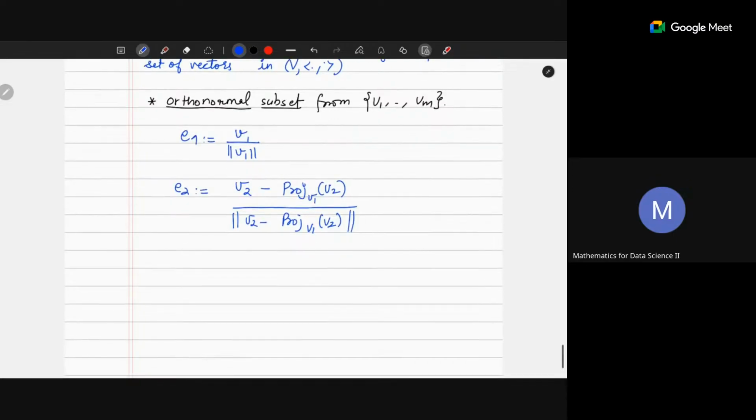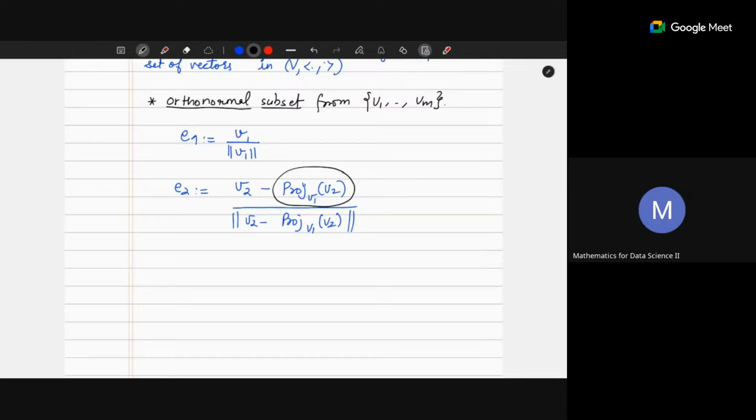So what are we saying? We are subtracting the part of v2 that projects onto v1. By doing this subtraction, we make e1 and e2 orthogonal to each other. Once you subtract this projection part, whatever is remaining becomes orthogonal.